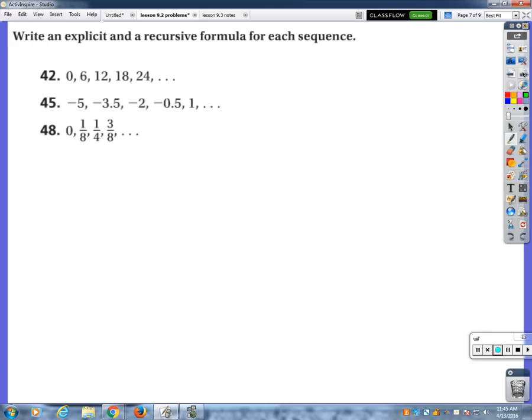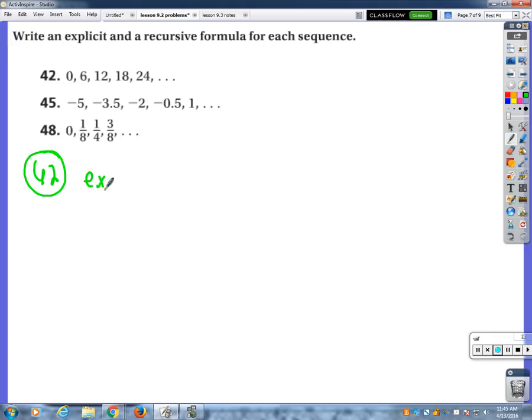Okay, so now that we have explicit formulas for arithmetic sequences, we can take something like this and very easily come up with both an explicit formula and a recursive formula.